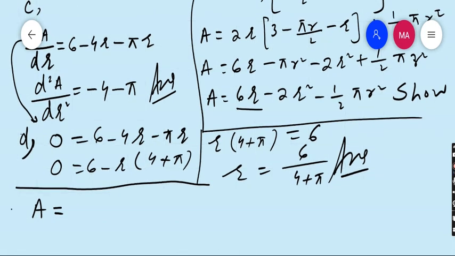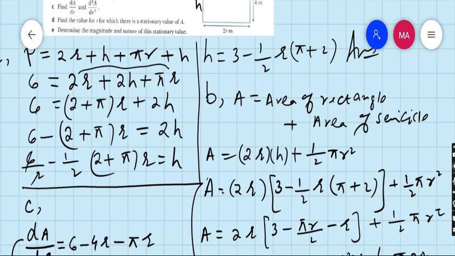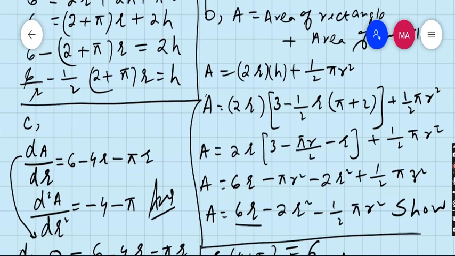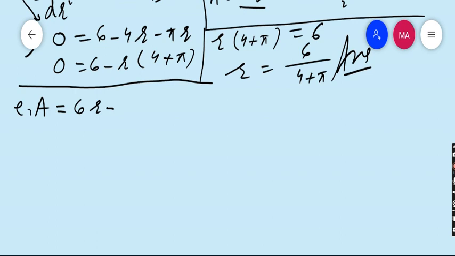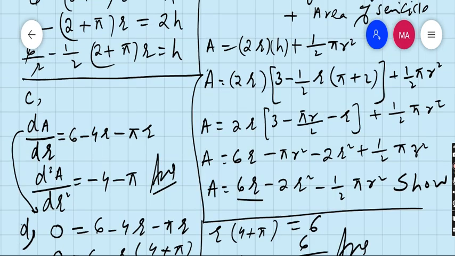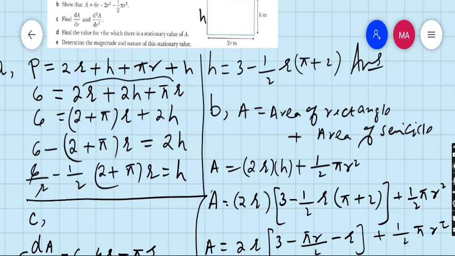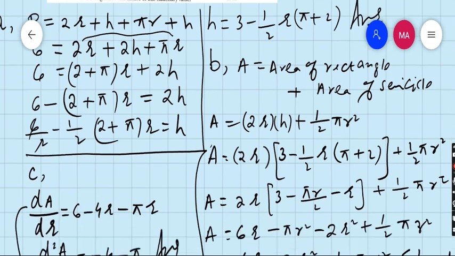Let me check again, minus 1 upon 2 pi r square or not? Yes, minus 1 upon 2 pi r square.